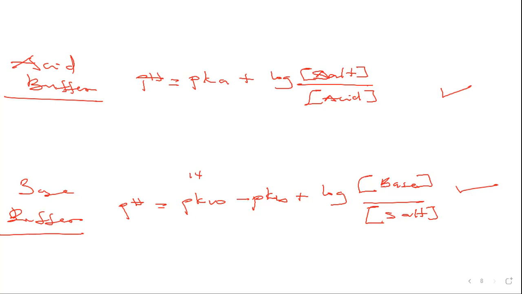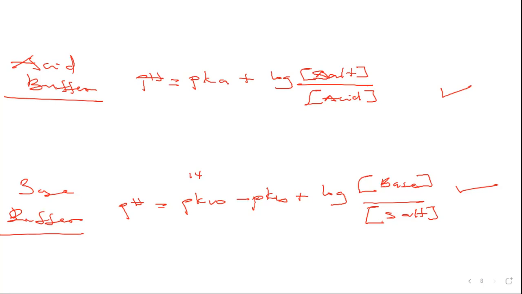So for example, there's a question here: a buffer solution containing 0.1 molar acetic acid and 0.1 molar sodium acetate will have a pH of 4.7. So let's try and find it out. The concentration of acetic acid in it was 0.1 molar.